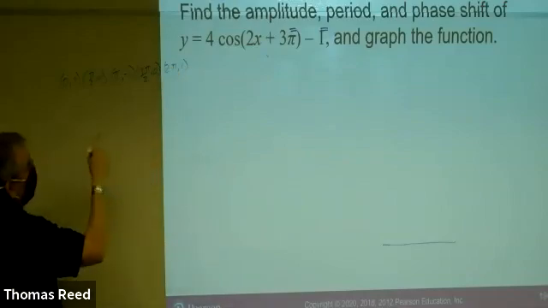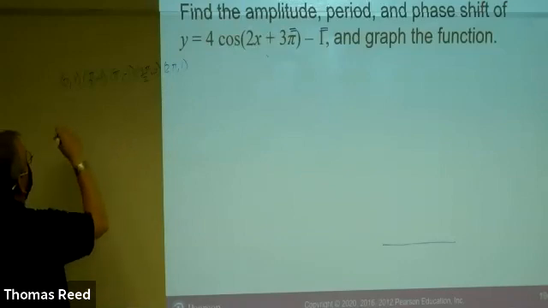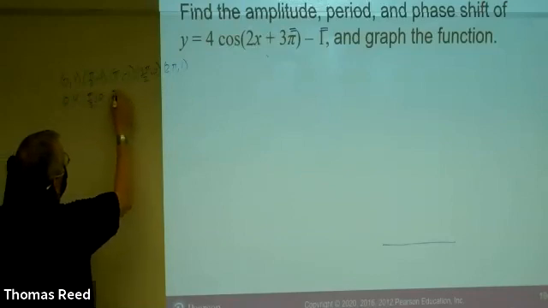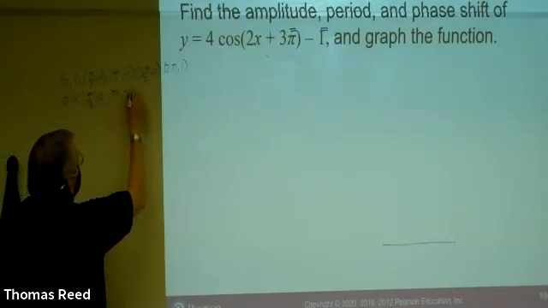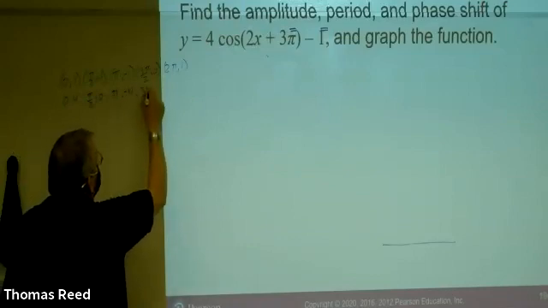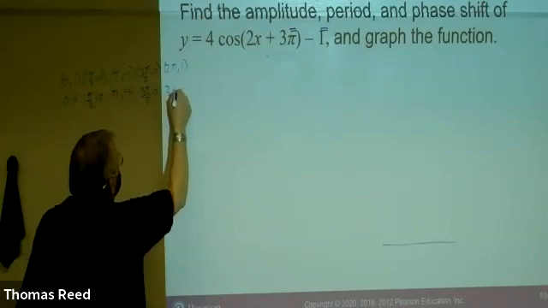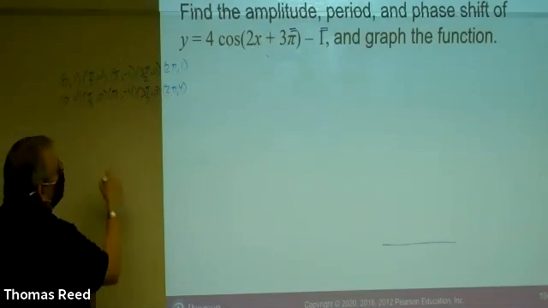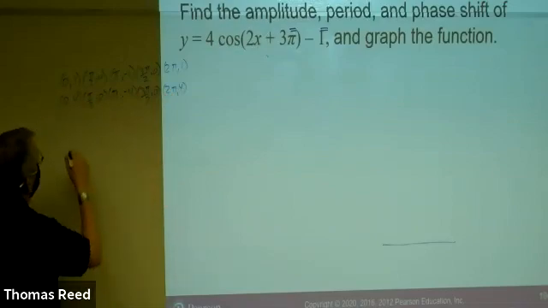They did the vertical stretch, which is 0, 4, half pi 0, pi -4, 3 pi over 2, 0, and 2 pi 4. And now they're going to do the vertical shift, which is a -1.